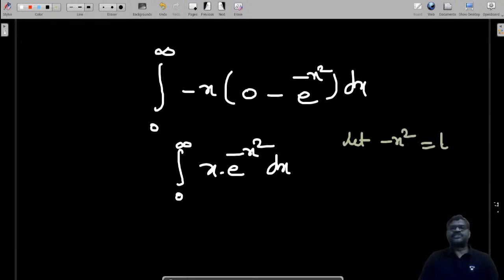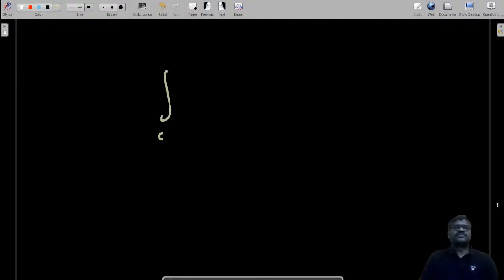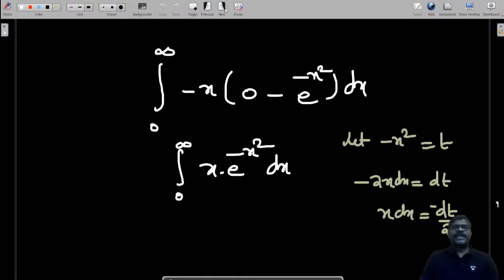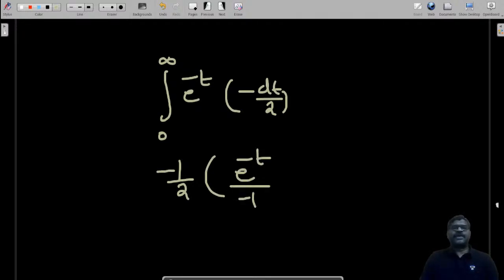Let us take minus x square is t. Minus 2x dx is dt. x dx is minus dt by 2. Integral 0 to infinite, e power minus t, x dx is minus dt by 2. 1 by 2 of e power minus t by minus 1 from 0 to infinite.